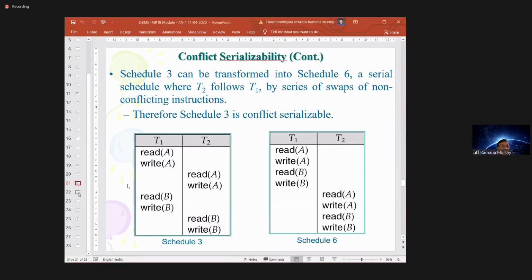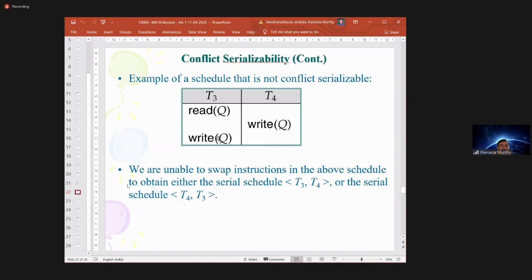But we'll verify some other transactions. For example, we'll see a small schedule which is not conflict serializable. That means you can't obtain serializability based on the conflict serializability concept. Why? Because if you are identifying the read Q and write Q as part of T3, in between these two operations, T4 is doing its write operation.